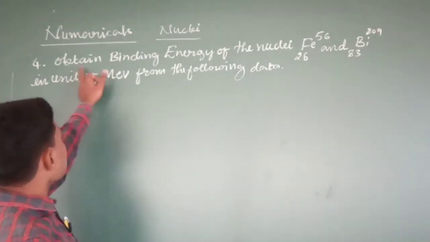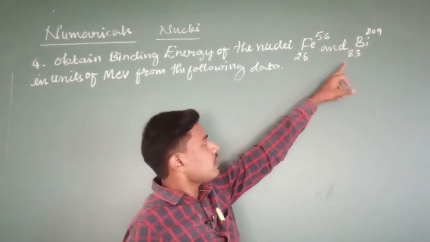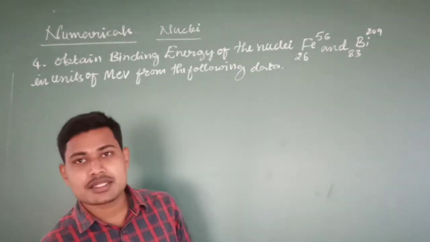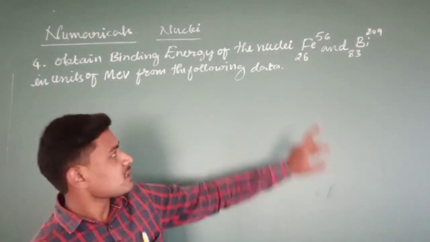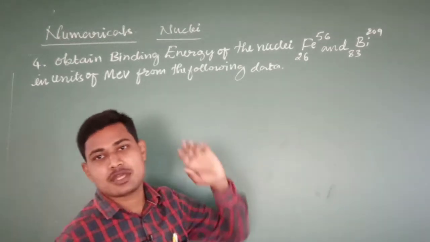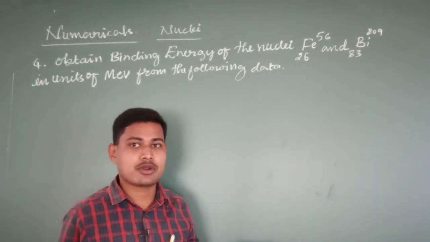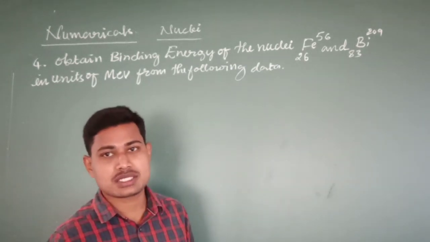So obtain the binding energy of the nucleus of iron as well as bismuth, they are asking. In order to calculate the binding energy of iron and bismuth, there is a very simple method. The actual mass of iron you know, and you calculate the total mass of the protons and neutrons, the constituents of the nucleus of iron.